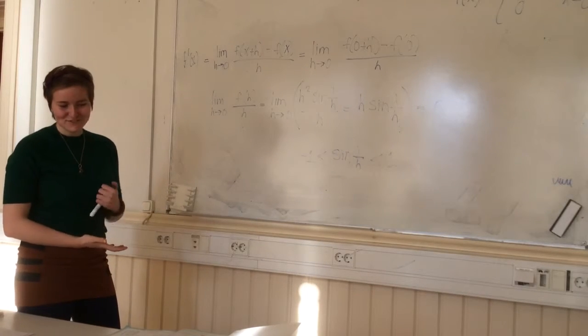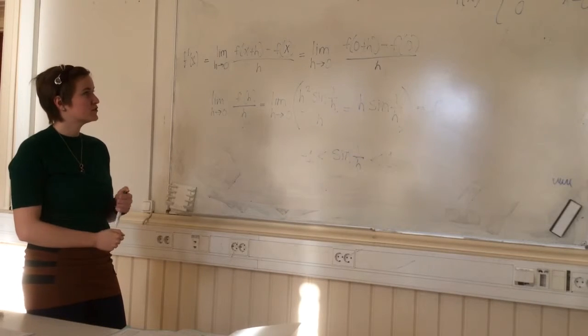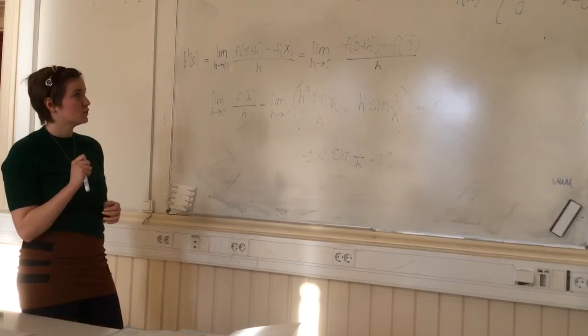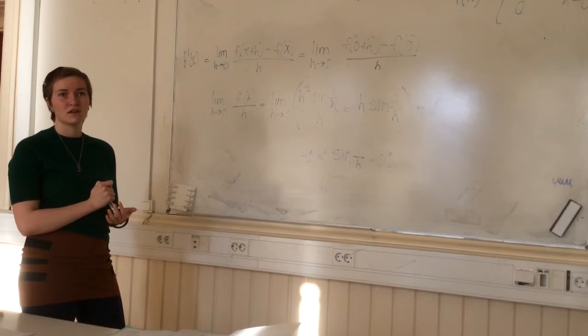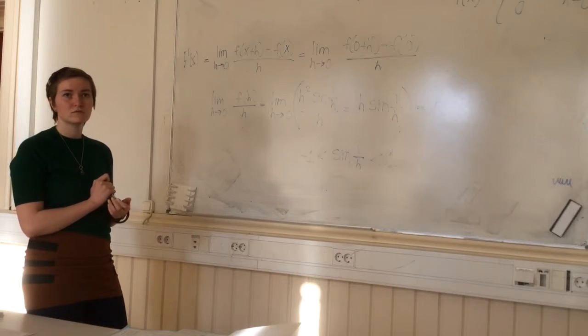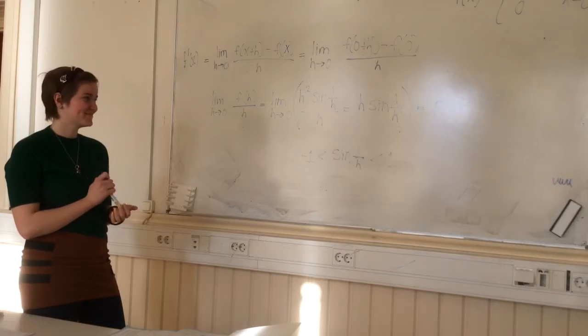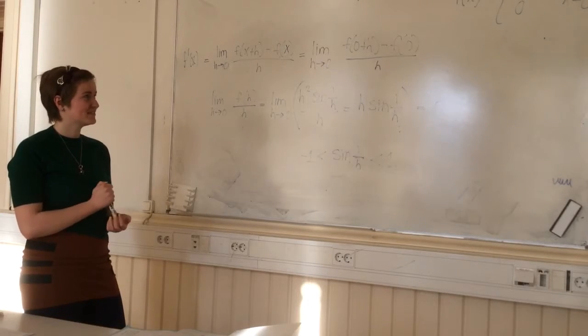Should we move on to B? Now, what have you proved? We proved that the derivative exists when x is equal to 0, and also that it's equal to 0. I don't like this part.